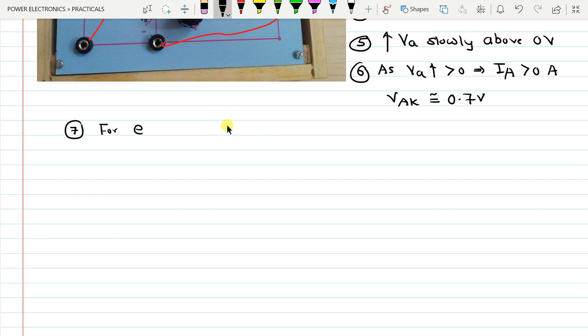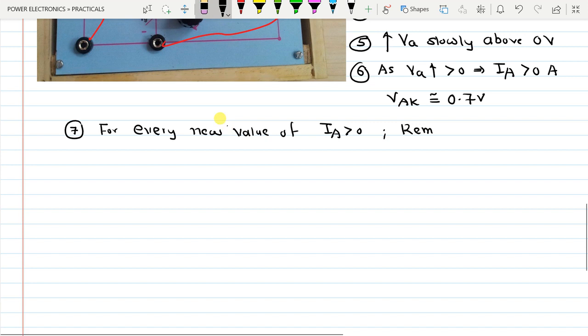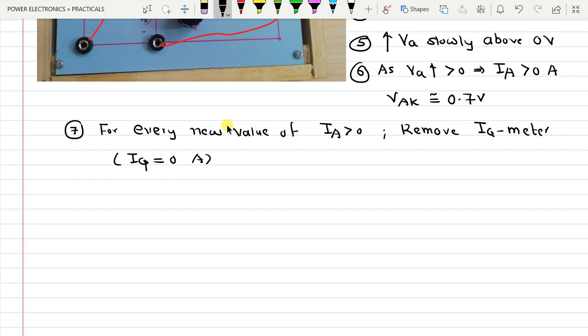For every new value of IA greater than 0, remove the IG meter, that is, make IG equal to 0 amperes.